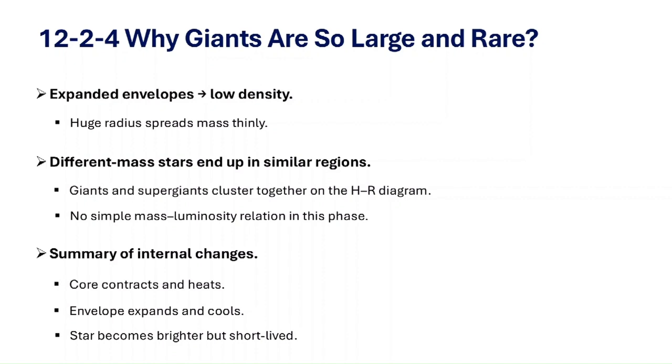And this short lifetime is another reason why giants are less commonly seen. Stars spend far less time in this phase than on the main sequence. So to recap, the enormous size, low density, clustering on this chart diagram, and short-lived nature all explain why giants are so large and rare.